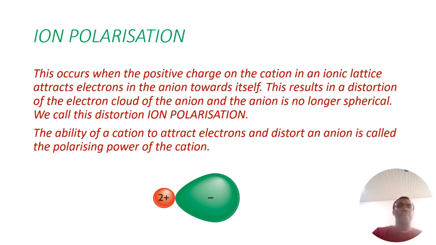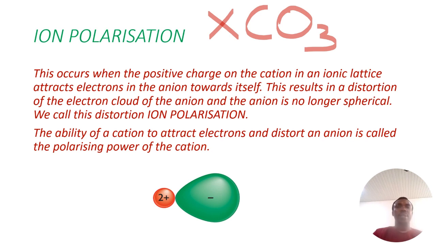Let's take, for example, an ionic compound XCO3, which is a carbonate. It's an ionic compound that consists of an aggregate of oppositely charged ions, positive and negatively charged ions. So this is X2+, and this is CO3 2-.